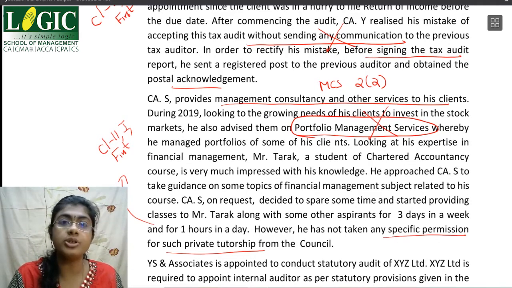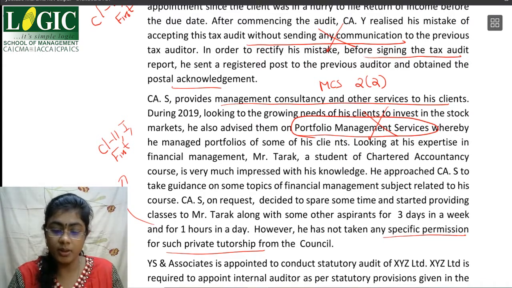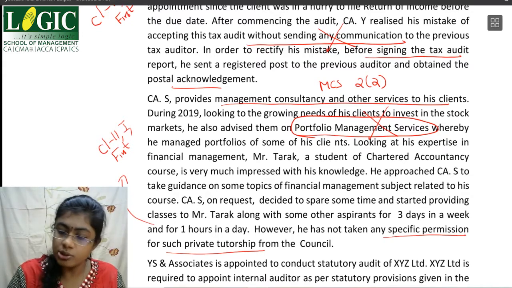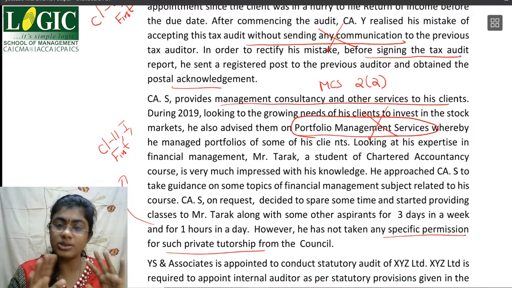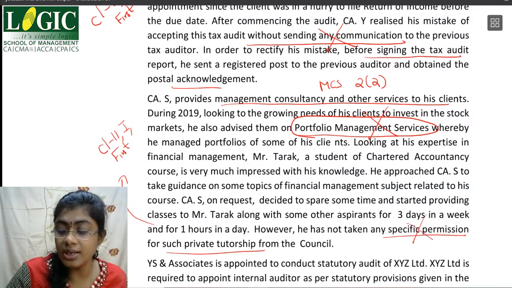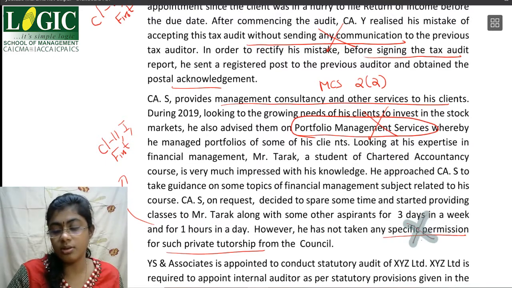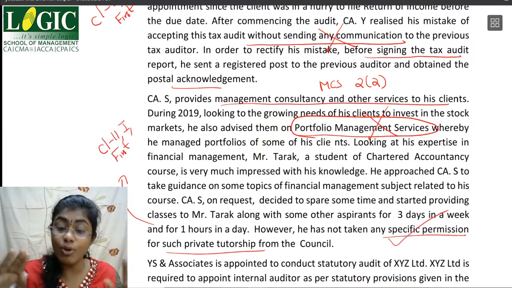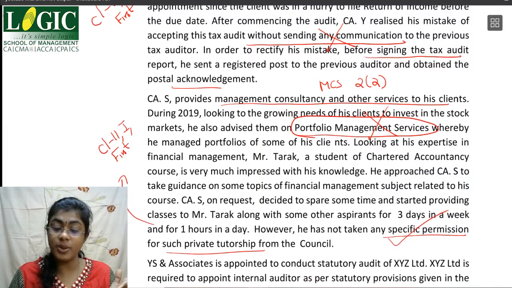In general permission, private tutorships are allowed, maximum 25 hours a week. Here, there is no violation as such because the hours are within the limit, plus it's generally permitted. No need to take specific permission. So, there is no violation with respect to this particular private tutorship.